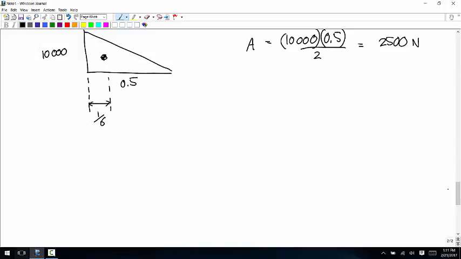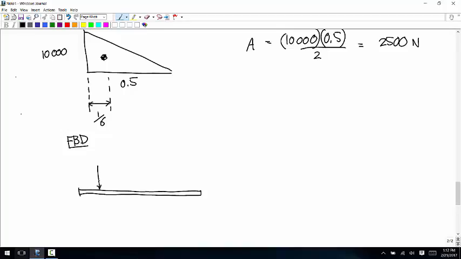Any questions about that? Okay, so free body diagram of the beam. For any of those distributed loads, you never need Y-bar because the forces are all vertical, and so you can move that force anywhere along its line of action.